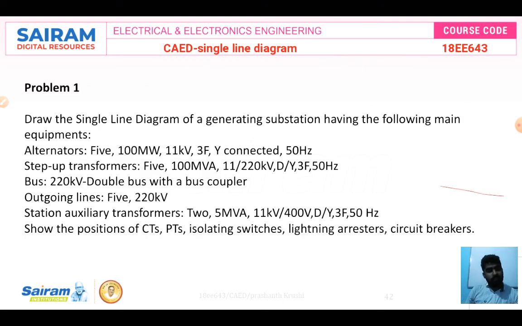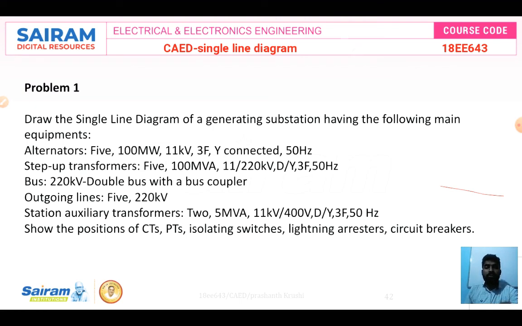Draw the single line diagram of a generating substation having the following main equipments. Alternator 5 in the sense incoming lines, input is 500 MVA, 11 kilovolts, three phase star connected, 50 hertz. Transformer: 11 kV, step up transformer 5, 11 kilovolts to 220, and bus bar 220 kV, double bus bar with a bus coupler. Outgoing lines from the 220 kV is 5. I'll just draw the diagram now.